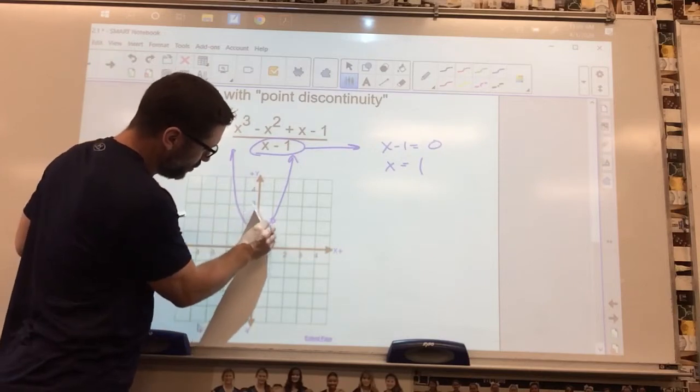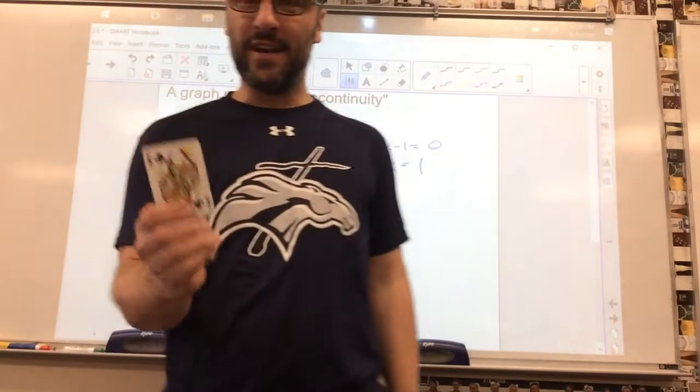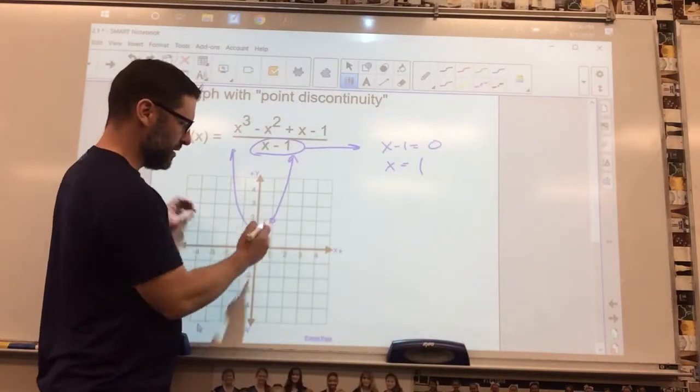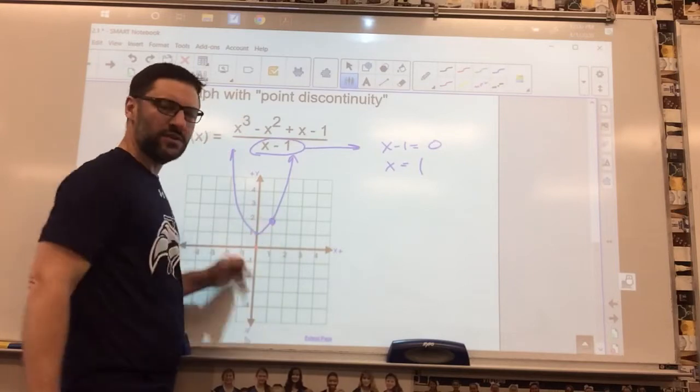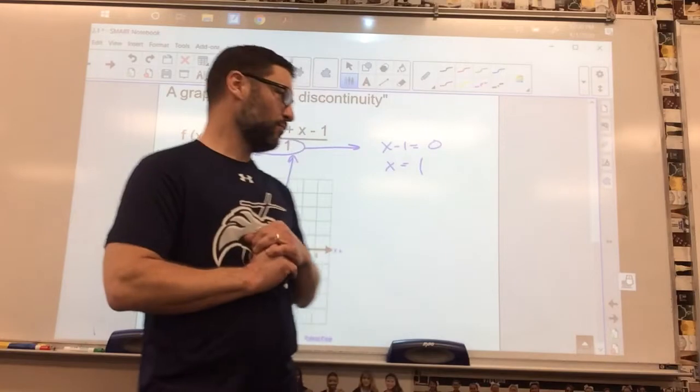Where if you had something thin enough, theoretically, it would fall right through that hole. And you have this little point here, and we label that point with an open circle. It's called point discontinuity. And that's also going to show up as we go through this.